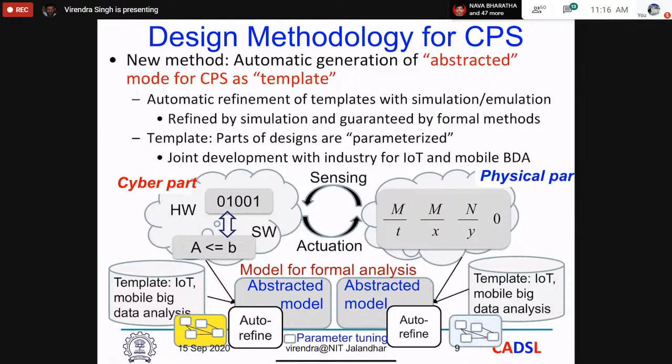Perhaps in the last couple of lectures, you might have gone through the model based design methodology, etc. So if you have a model, in that case here, you can synthesize or construct a system based on that model that should satisfy the model.